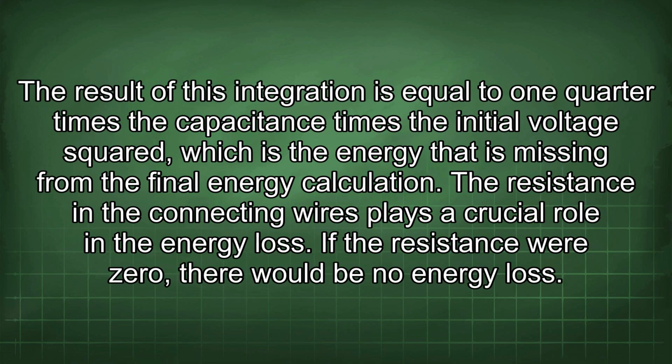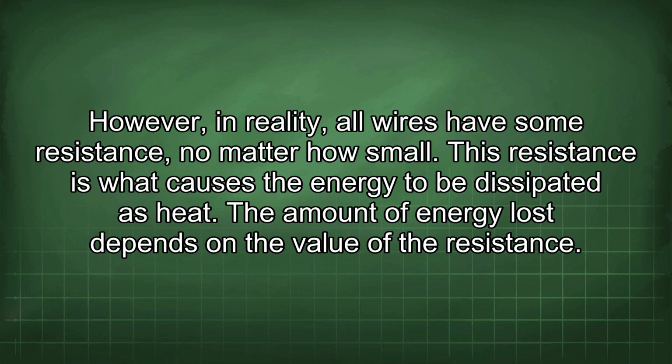The total energy dissipated is the integral of this exponentially decreasing power over time. The result of this integration is equal to 1/4 times the capacitance times the initial voltage squared, which is the energy that is missing from the final energy calculation. The resistance in the connecting wires plays a crucial role in the energy loss. If the resistance were zero, there would be no energy loss. However, in reality, all wires have some resistance, no matter how small.